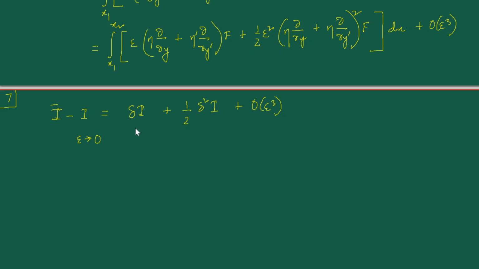Now if this dominates over this, going back to our previous argument where we said that the first order term would have a variable sign, so also here this delta I term could have a variable sign depending on the sign of epsilon.